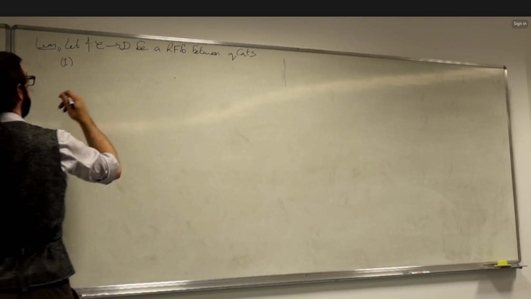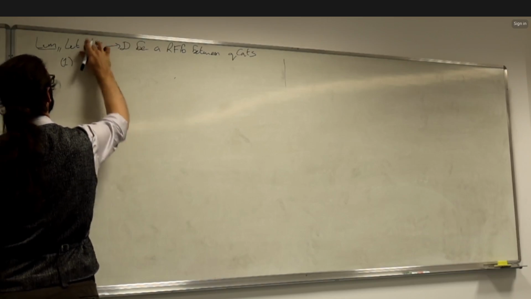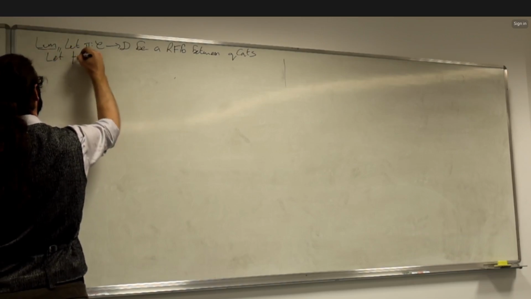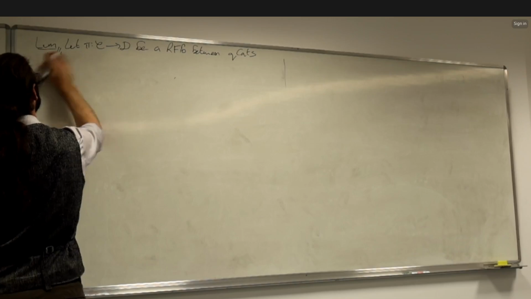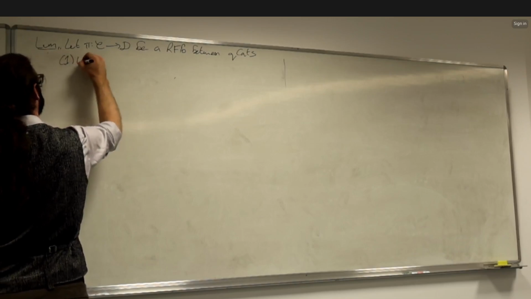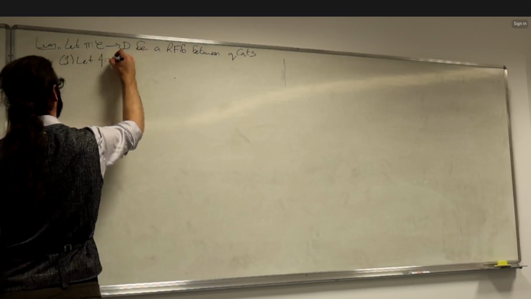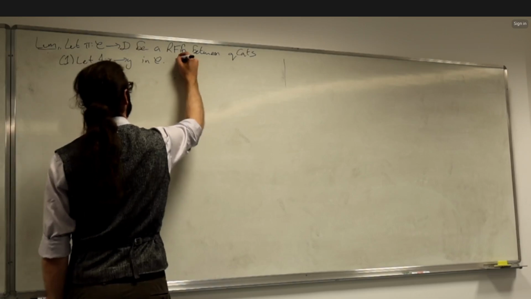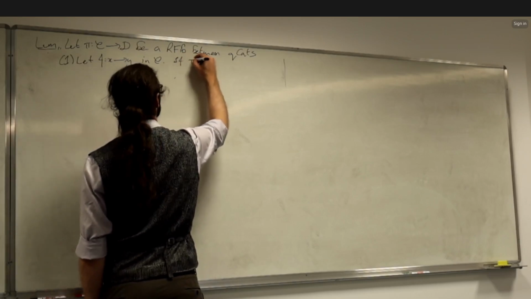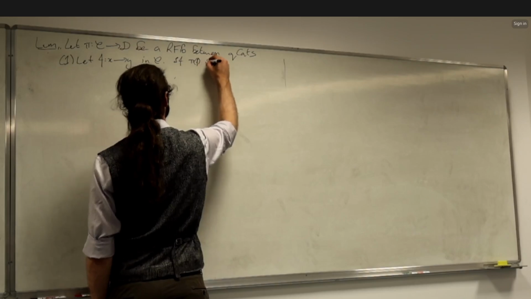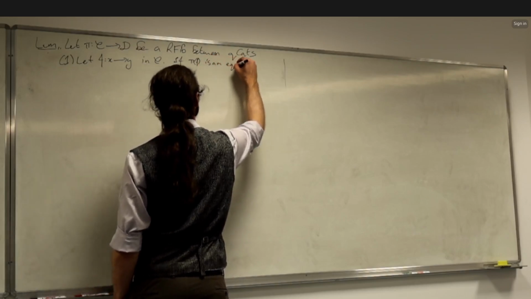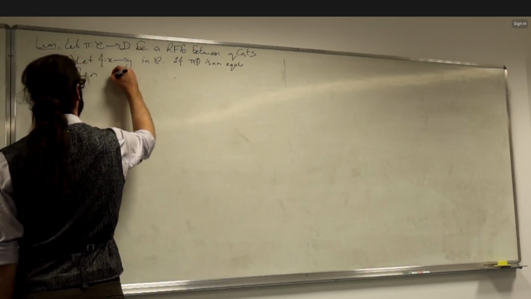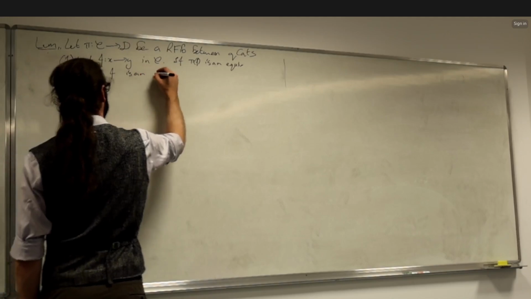Then, one, let f from x to y in C. If pi of f is an equivalence, then f is an equivalence.